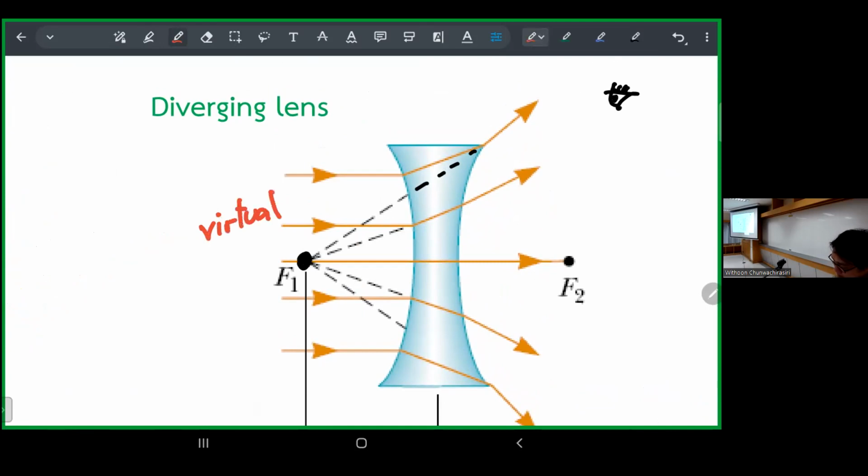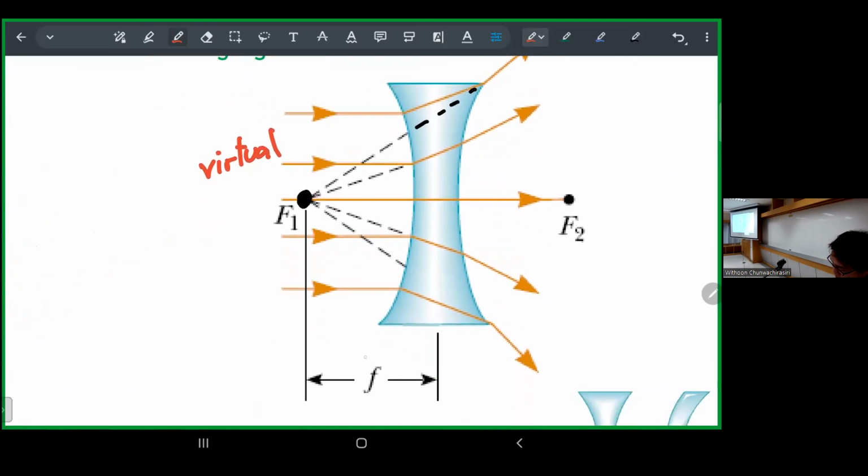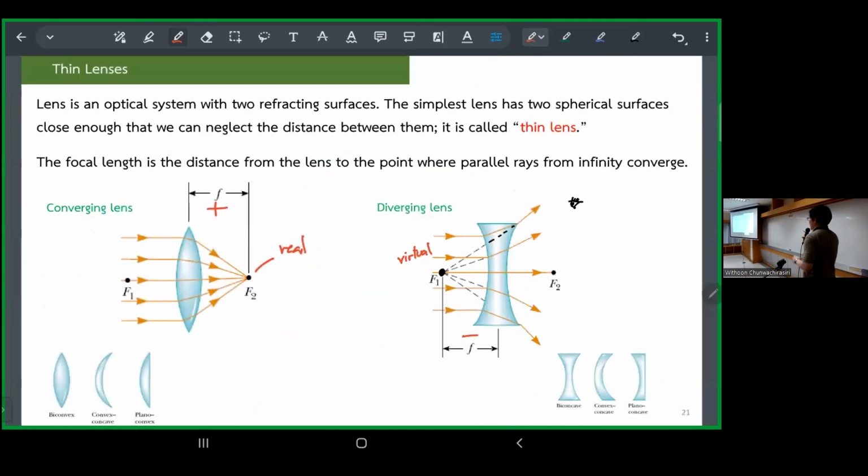And the distance that you have over here is going to be negative. Done. So pretty much no difference. Everything works just like before. Not only that, by seeing this, the equation will look exactly the same. 1 over P plus 1 over Q equals 1 over F. No change. Everything will look exactly the same. All right, so that's kind of nice, right?